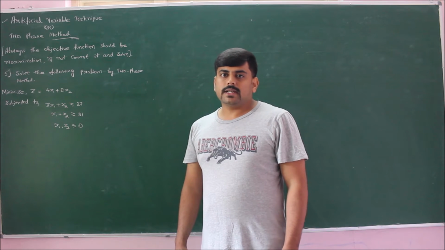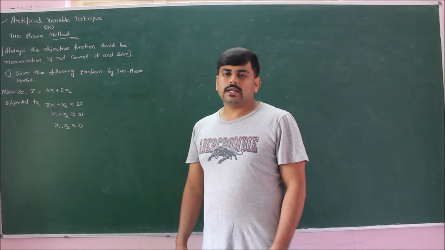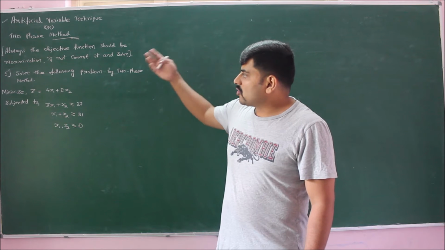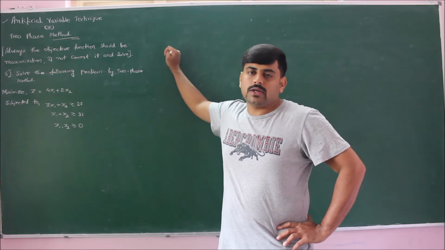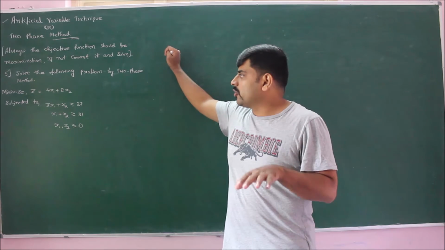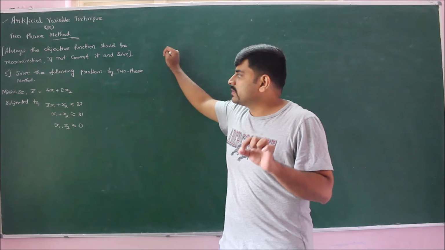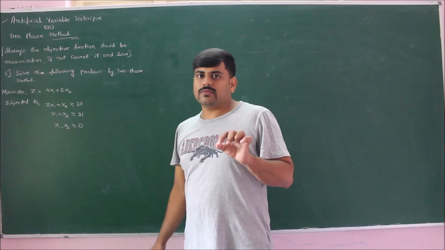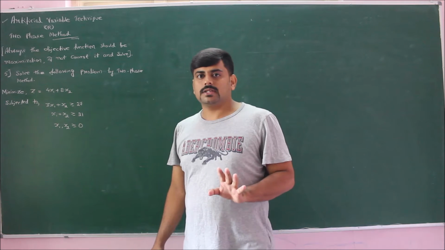Just now I have explained, first we should formulate the auxiliary form of the linear programming problem, that is assign the coefficients of the variables x1, x2, etc. as 0 in the objective function and the coefficient of the artificial variable as -1, and always we should solve for maximization. Since the objective function is given as minimization, I should convert it into maximization in the first step.